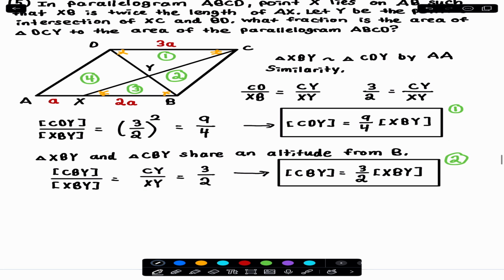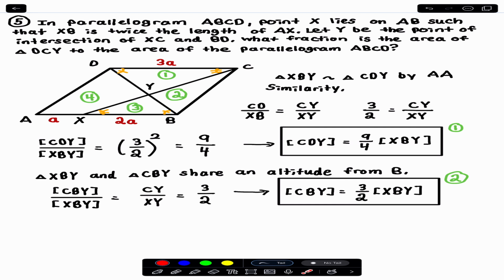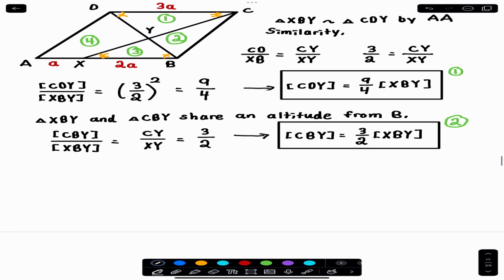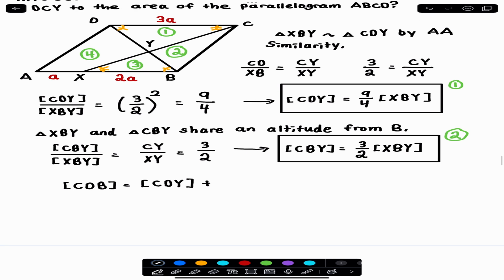So notice, I have written the area of triangle CDY in terms of the area of triangle XBY. I have written the area of triangle CBY in terms of triangle XBY. So we have this area and we have this area. That means this whole thing can be written in terms of triangle XBY, because this big area, triangle CDB, is equal to those two triangles, CDY and CBY.